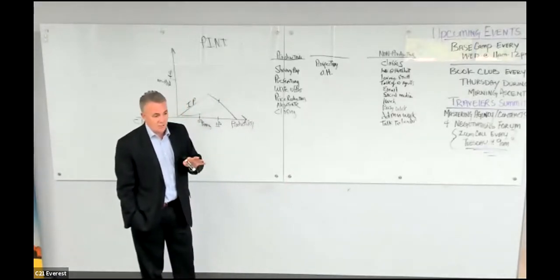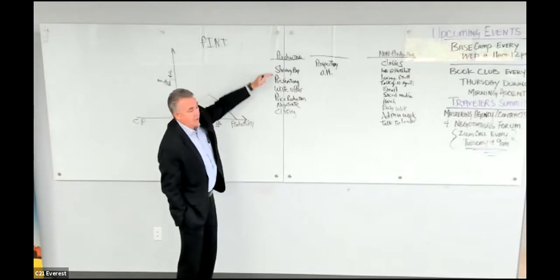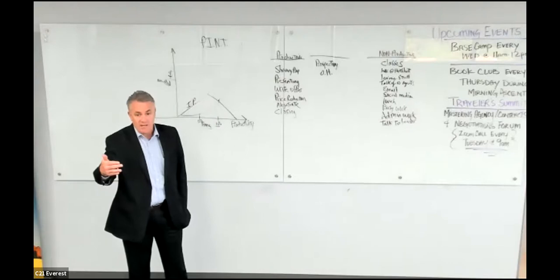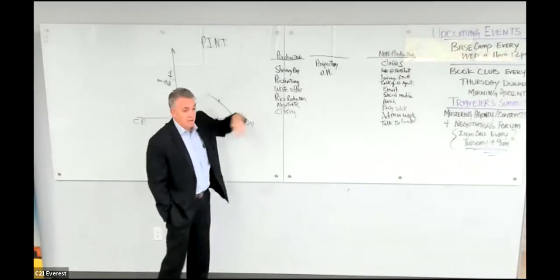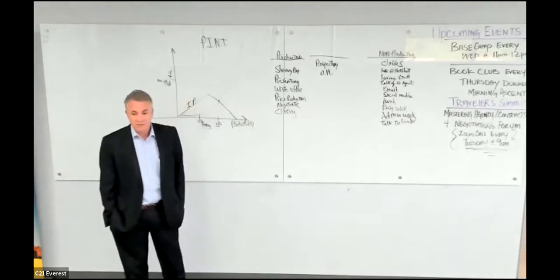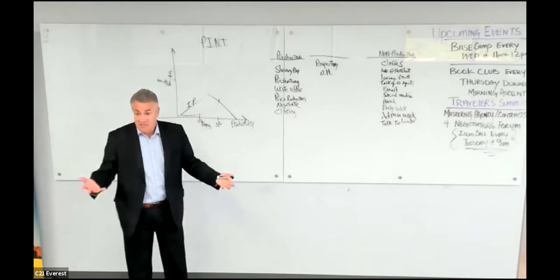That can be a whole separate discussion, but what do I want to have happen if I go out and show properties? What am I hoping for at the end of that meeting? To write an offer. Okay, good. If I go to present, whether it's to a buyer or a seller, what do I want to have happen at the end of that? Writing an offer or signing a contract.